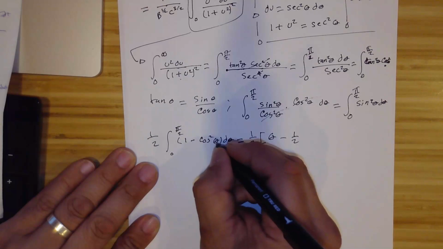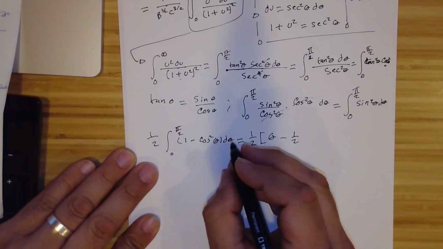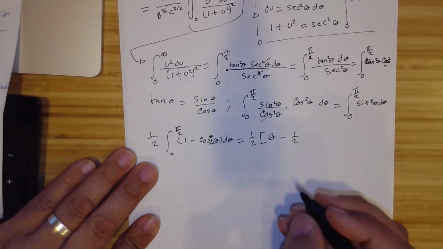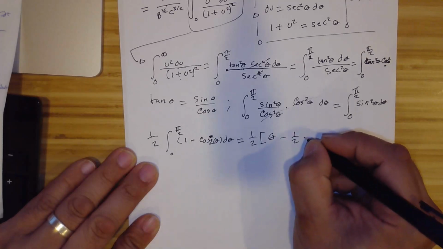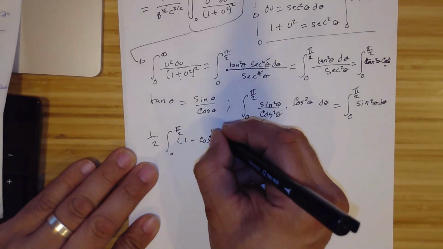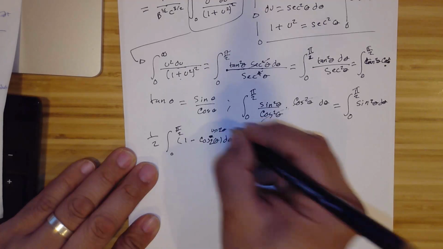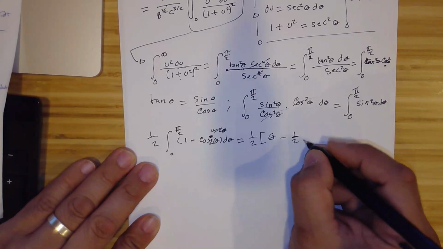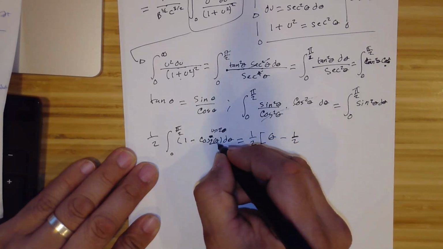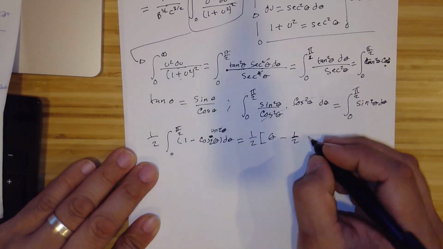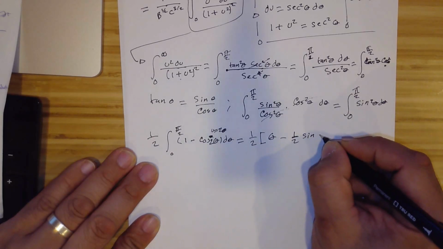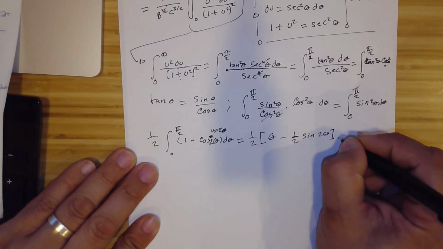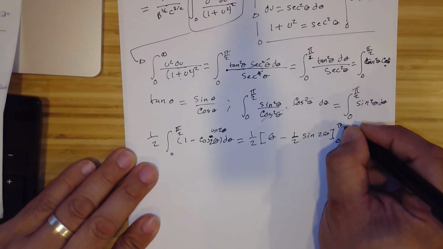I already did this substitution at another time, and this is not a square, I'm sorry, this is the double angle. Okay, so if I substitute this, I will have to put the half of it, because the antiderivative will be the half sine of 2 theta. Okay, from 0 to pi over 2.